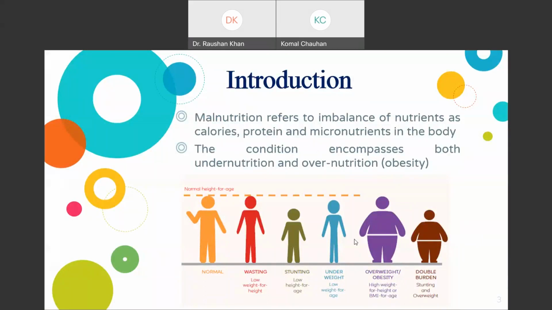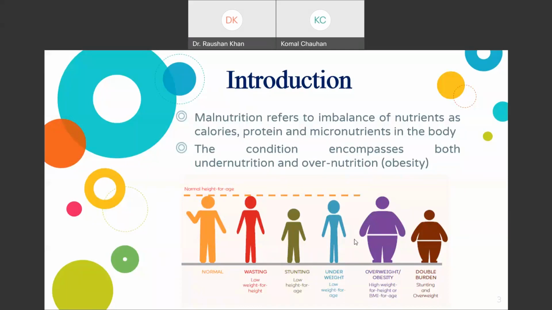Sorry for the inconvenience. So we are talking about the body. If a person has a deficiency of calories or protein, this person will suffer from undernutrition.